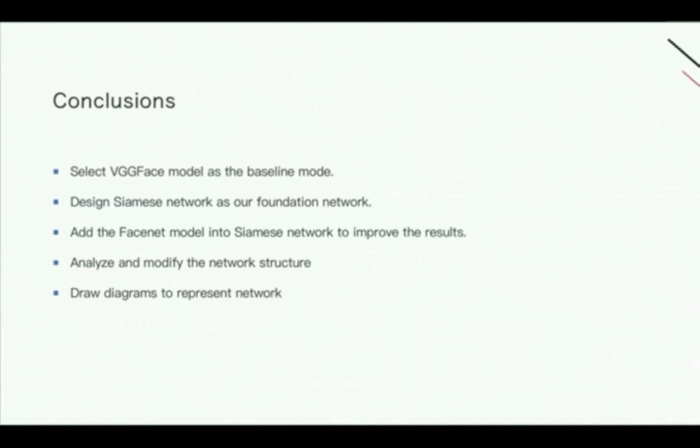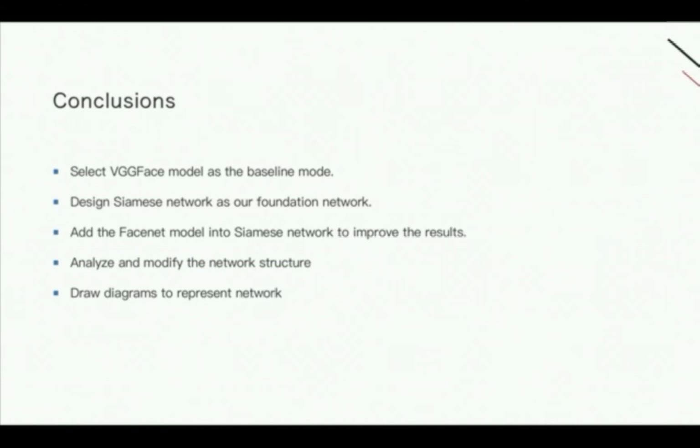After contacting FaceNet and VGGFace, at first we selected the VGGFace model as the baseline model, which is not good enough. Then we designed a Siamese network as our foundation network, and we added the FaceNet model into the Siamese network. As a result, the performance of our model has been improved to some extent.